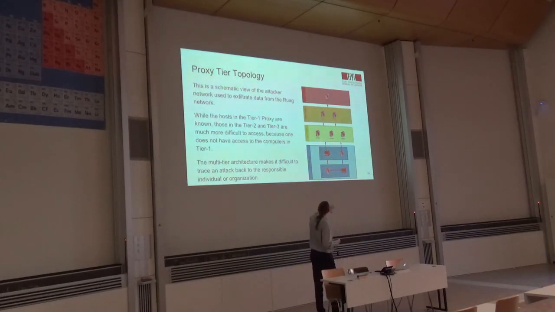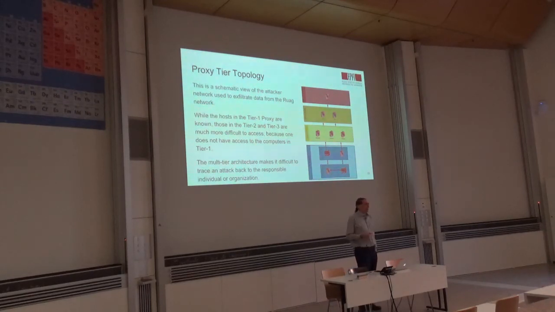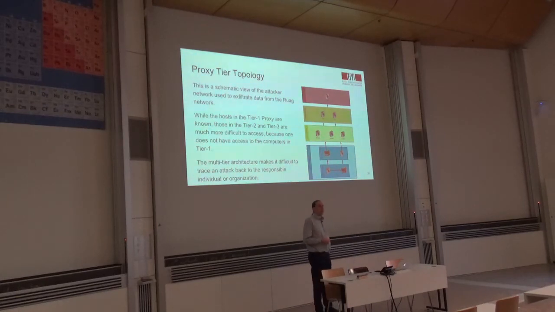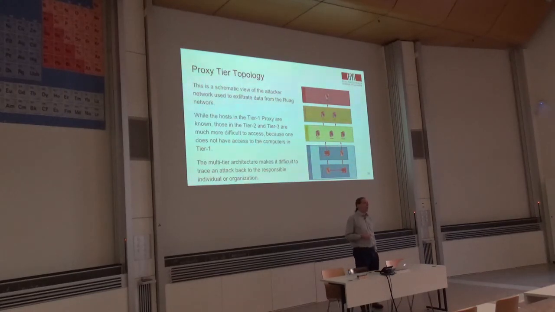And so the defenders would have to literally reverse hack, break into that first tier in order to find who the next second tier nodes are, and so on. Often spy agencies like the NSA might well do that, but most companies have neither the capability nor the legal mandate to do that.